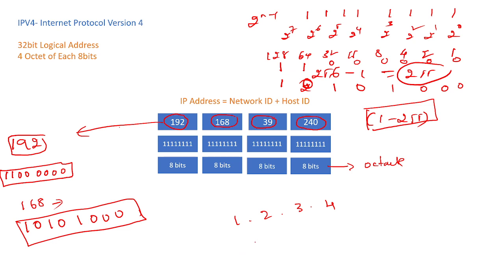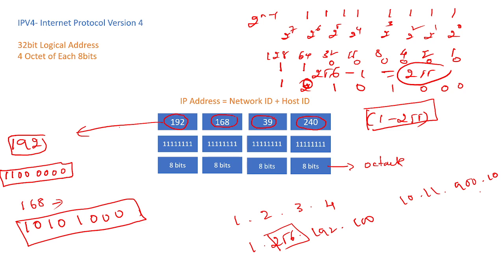Now I will write 1.256.192.100. Invalid. How? See, in the second octet it has 256. Now one more: 10.11.900.10.